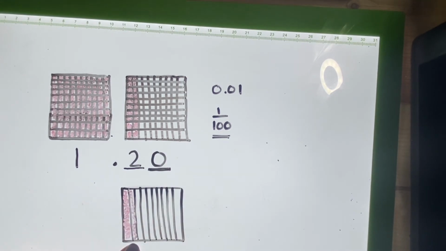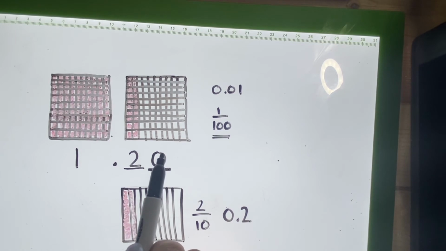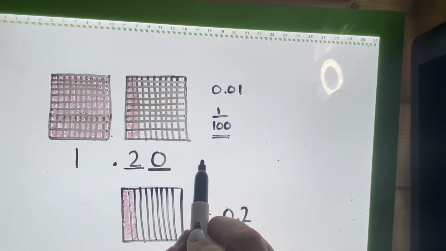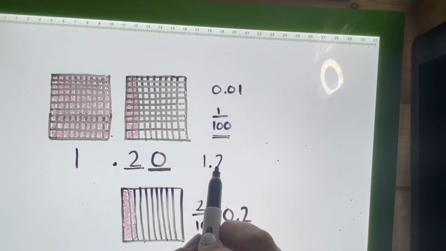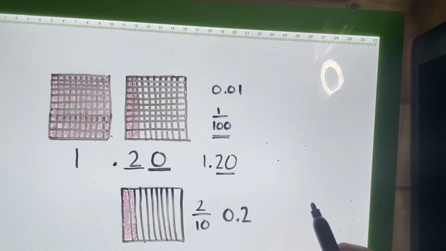Wouldn't it look like this? 2 colored in out of 10. So it would look like 2 out of 10 are colored in. 2/10. But it's broken into hundredths. So because it's broken into hundredths, I've got 20 hundredths.